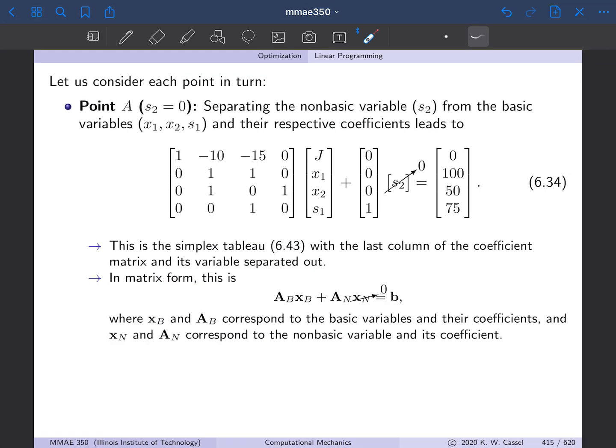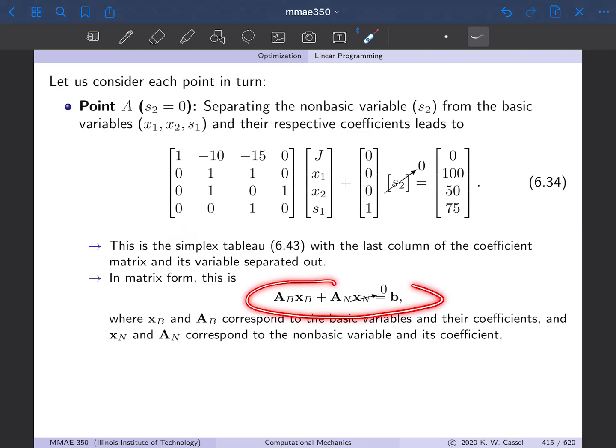So what's left, the first, second, third, and fourth columns of our matrix plus the fifth column times S2. But S2 is 0. So therefore this is gone, and now we have a 4 by 4 system of equations. So four equations for 4 unknowns. And then we can solve that.